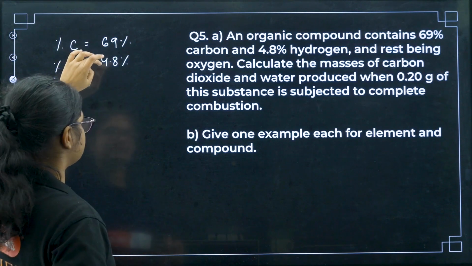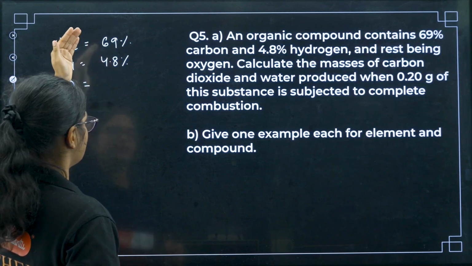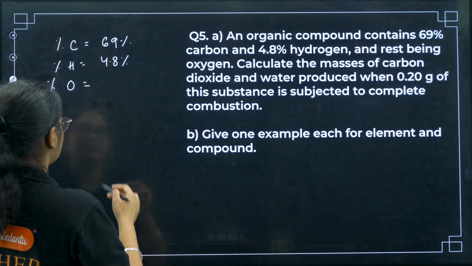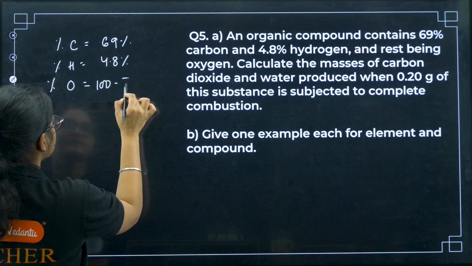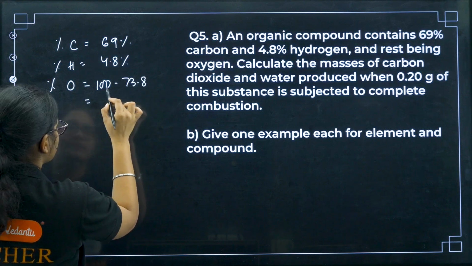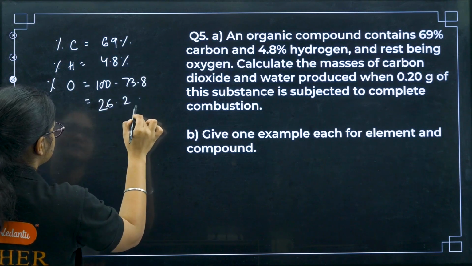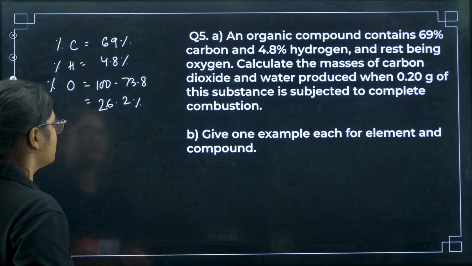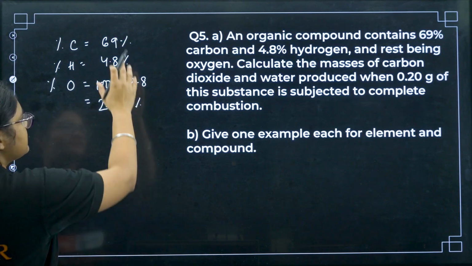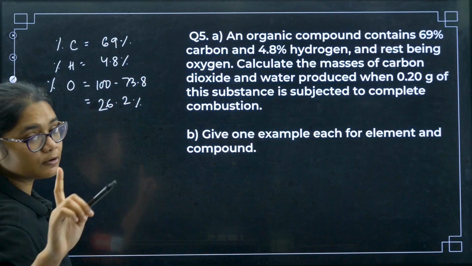Then what will be the percentage of oxygen? If I add 69 plus 4.8, that is equal to 73.8. So that is 100 minus 73.8, which gives me 26.2% oxygen, right? Now this is of the organic compound, 0.2 gram.